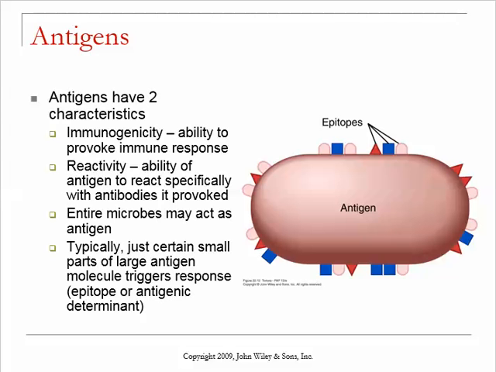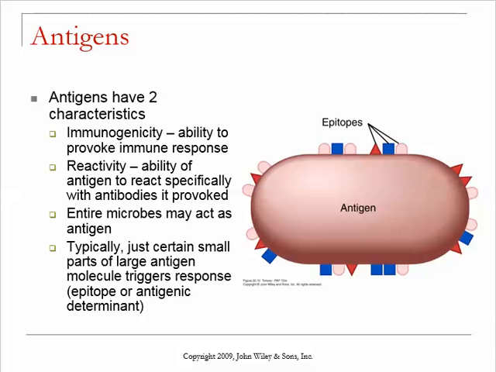So what happens is the antigen has things called antigenic determinants, or epitopes, and they're what triggers the response. Now, it may not be the entire microbe, but it might be. So these antigenic determinants are what create the response. And each antigenic determinant has a specific reaction.